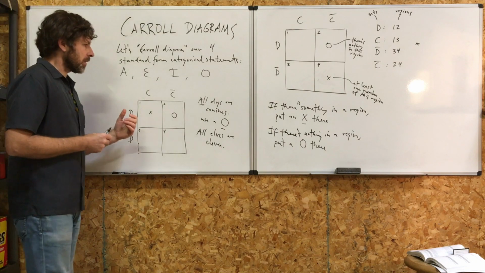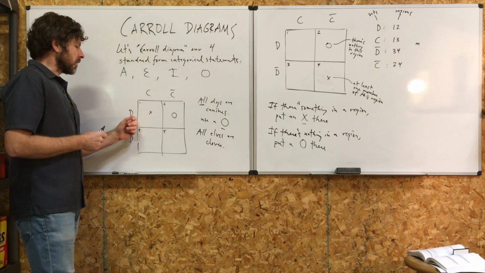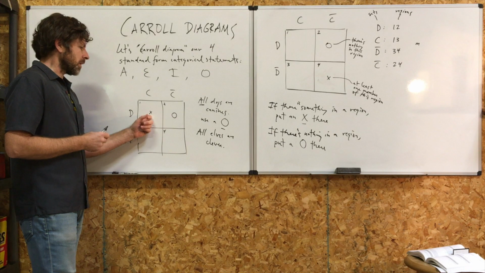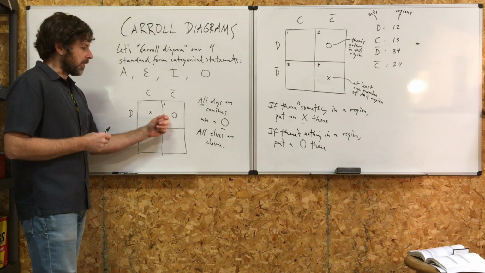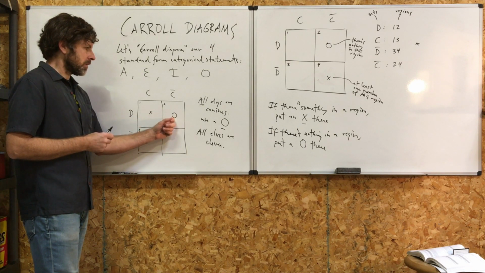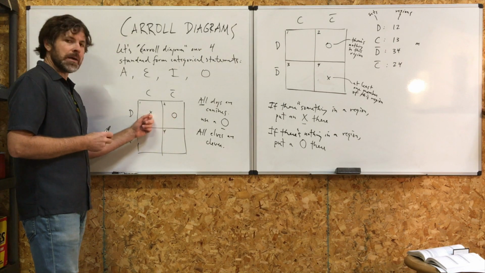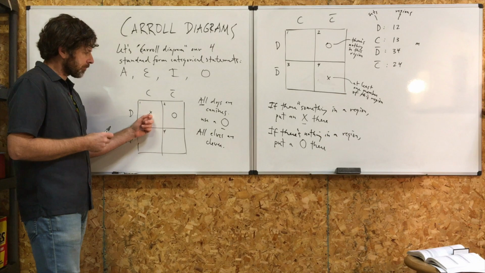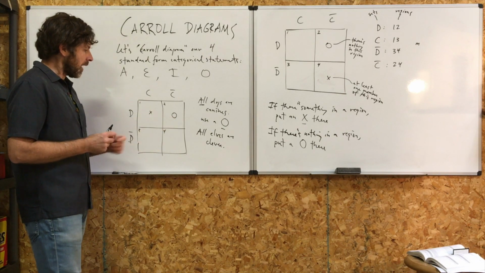In other words, I'd be saying some dogs exist, and they would have to be canines, right? You're never going to find a dog that's not a canine. And there are dogs.